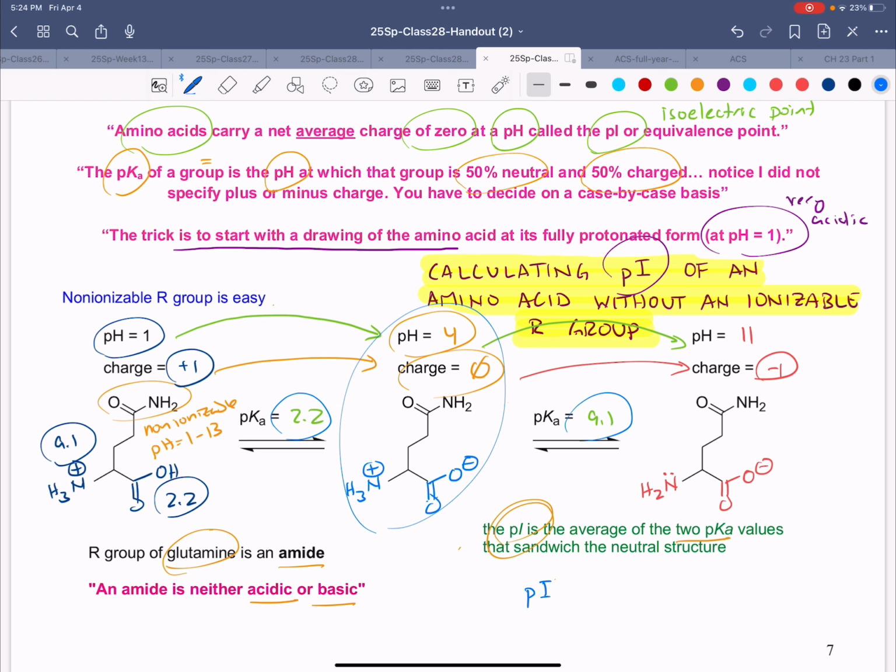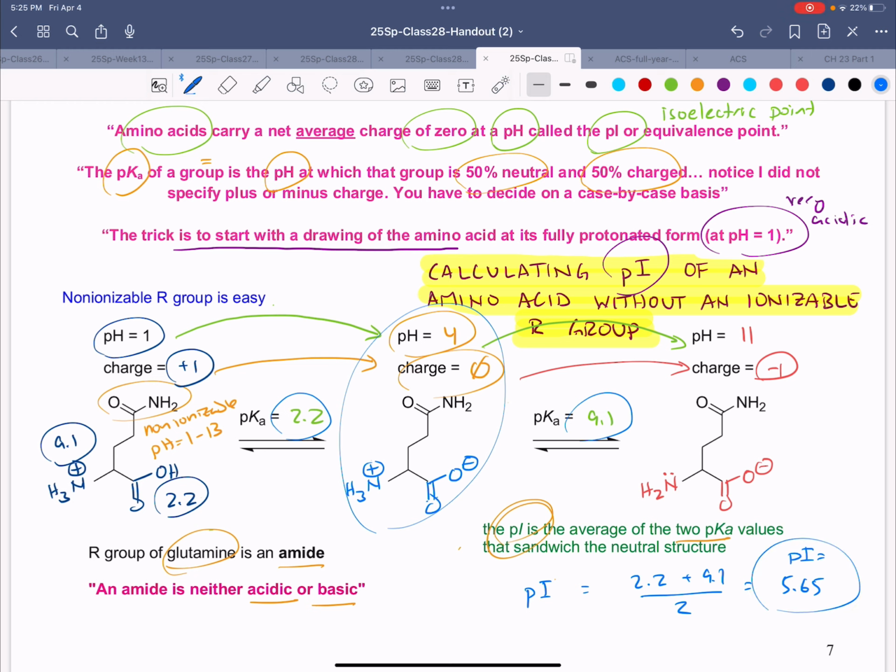The equation is this: pI equals 2.2 plus 9.1 divided by 2. Okay, get your calculator. 2.2 plus 9.1 divided by 2. Okay, 5.65 is the pI.